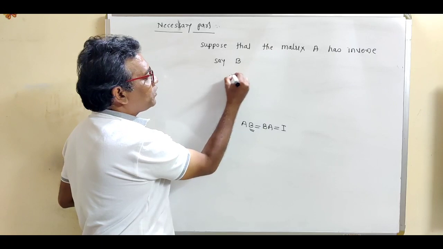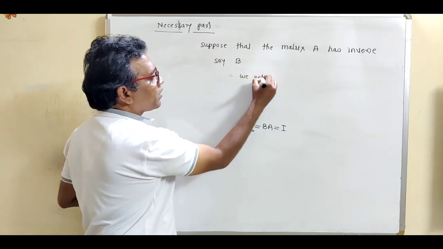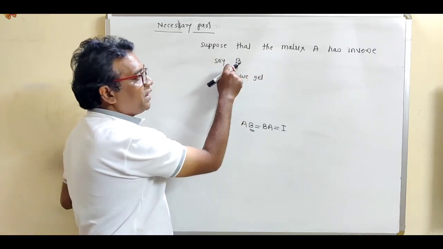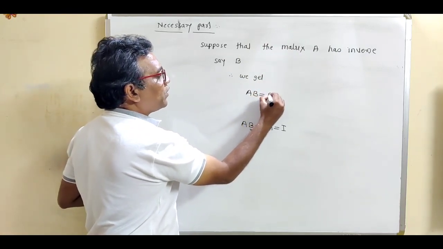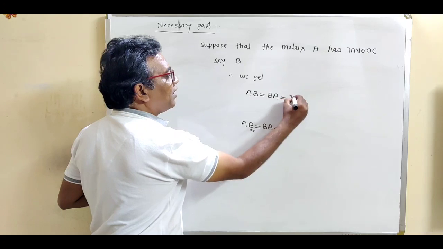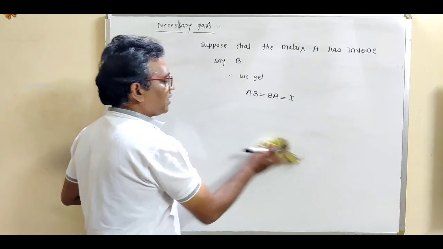Therefore, we get, if B is the inverse of A, then the product AB is equal to BA is equal to identity matrix I.